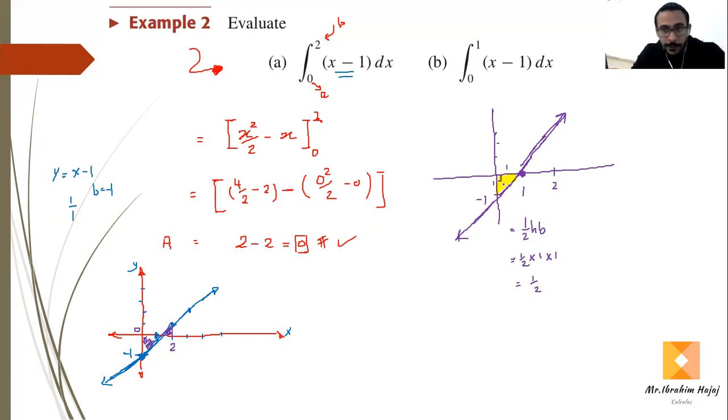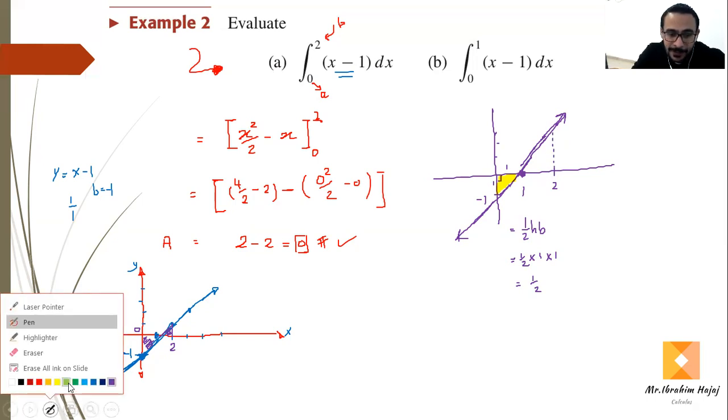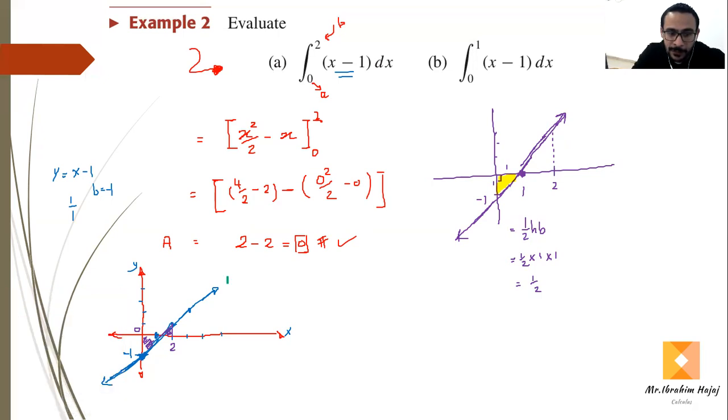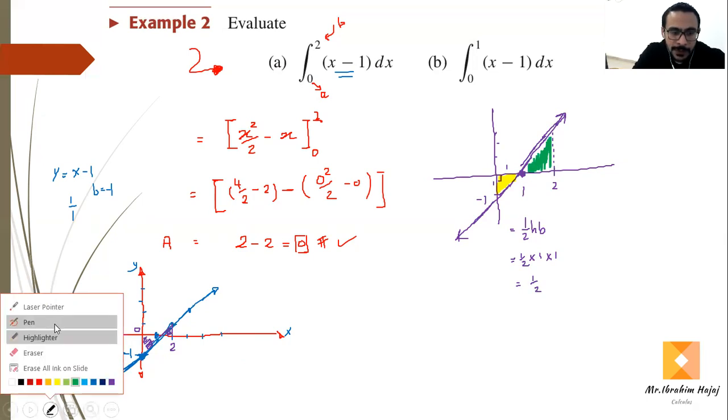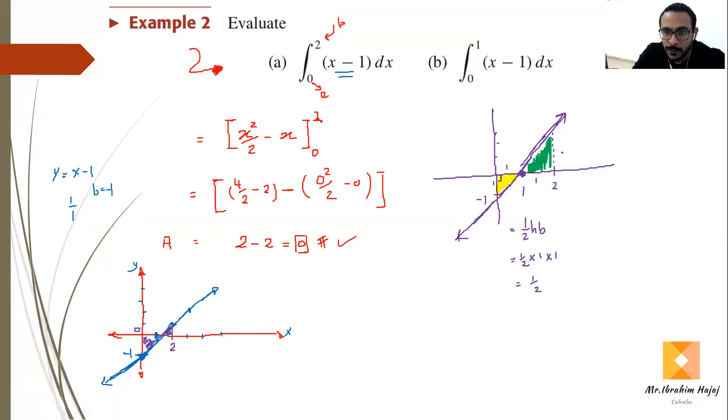Now we have another triangle here, above the x-axis. What's the area? Here the base is 1 and the height is 1. So the area is also half, but we have to subtract them from each other, right? Excellent. Yes, the area will be half times base times height, so half times 1 times 1, so it's half.